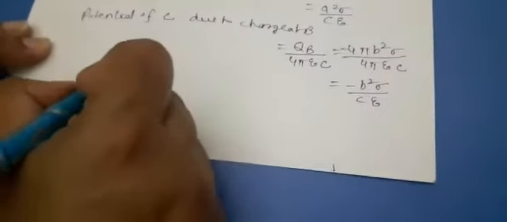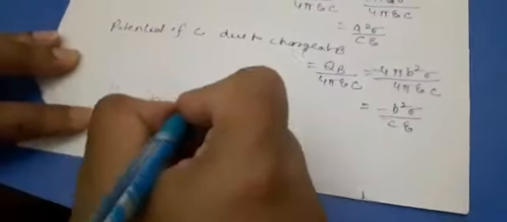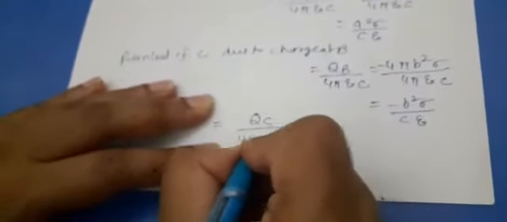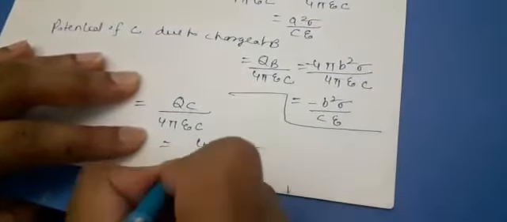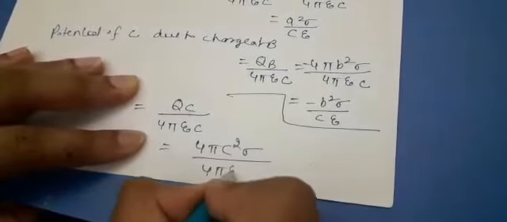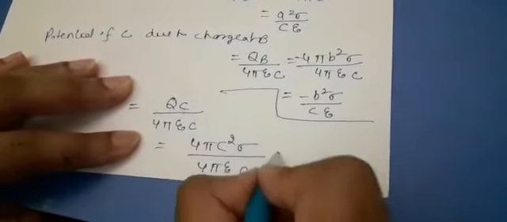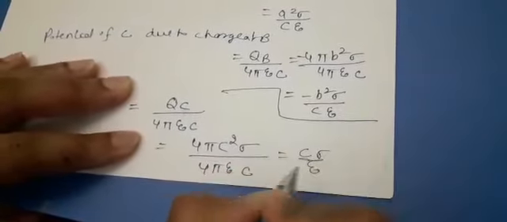Similarly calculate potential of C due to charge present on itself, QC upon 4 pi epsilon naught C. This will be 4 pi C square sigma upon 4 pi epsilon naught C. So it will be C sigma by epsilon naught.